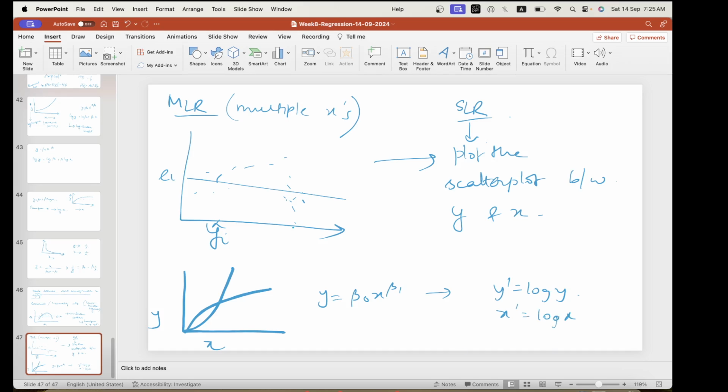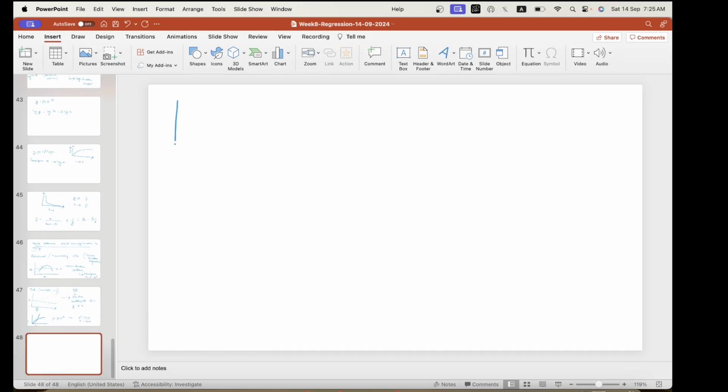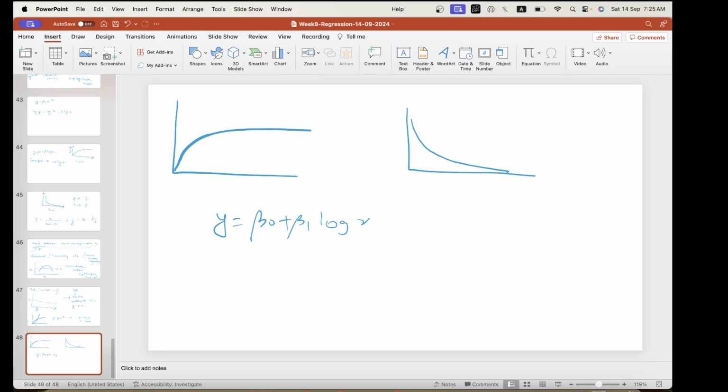Again, if we find that the scatter plot is like this, then this would be indicative of y equal to beta naught plus beta 1 log x.